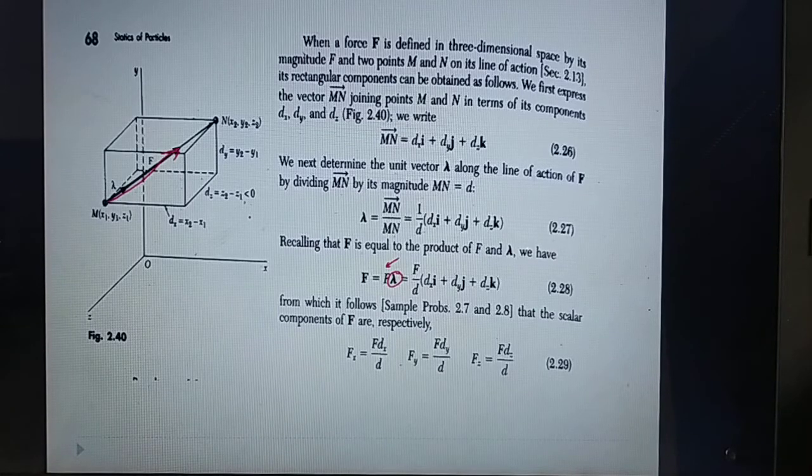If that is the force F, that is the square root of Fx squared plus Fy squared plus Fz squared. So the unit vector here is equivalent to 1 over d.